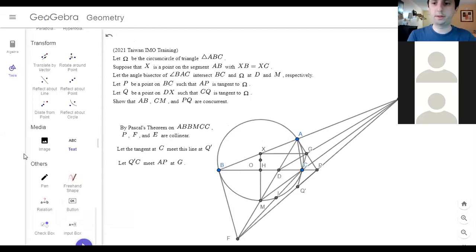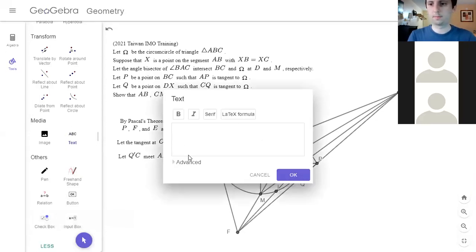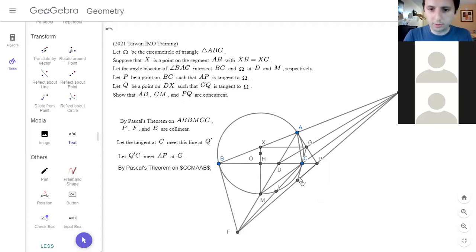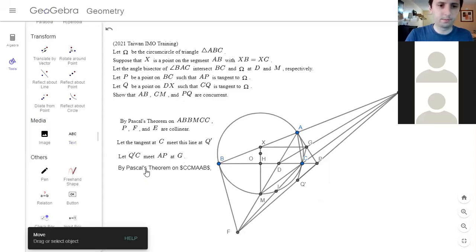Oh, by Pascal on CCMAAB. Then, CCMAAB, we have E, G, and D are collinear.